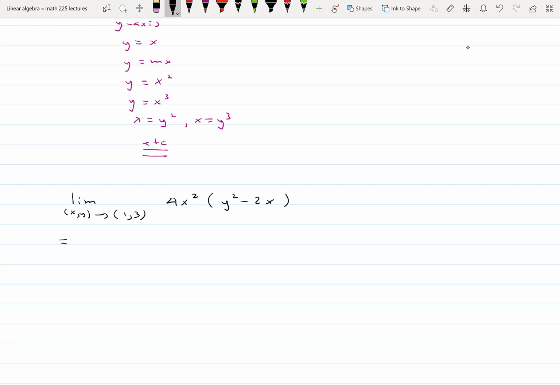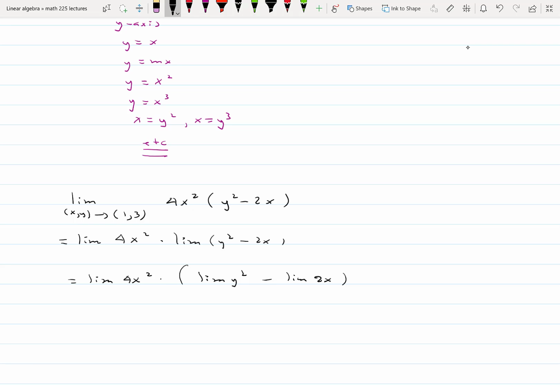So if this limit exists, you can use those limit laws. In particular, this limit becomes the limit of 4x squared times the limit of y squared minus 2x, as long as the limits exist. And you can distribute limits. This is one of the limit laws: the limit of y squared minus the limit of 2x.